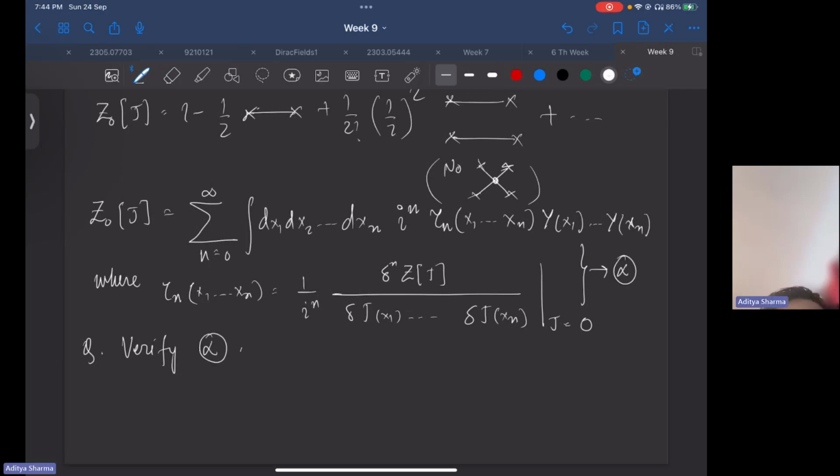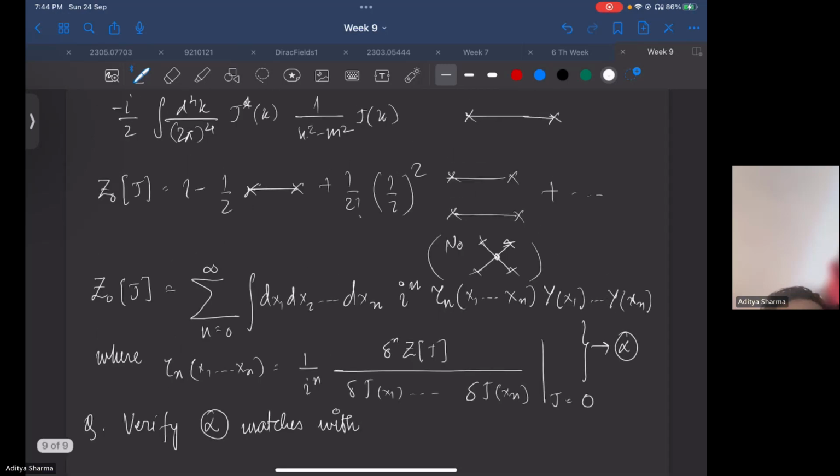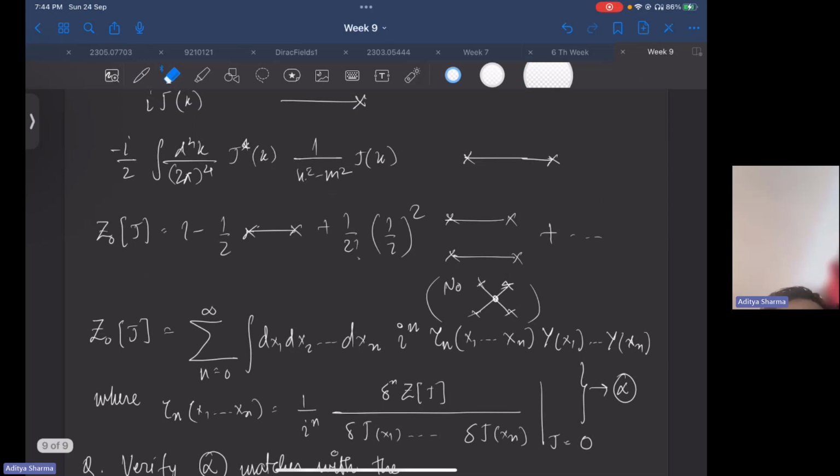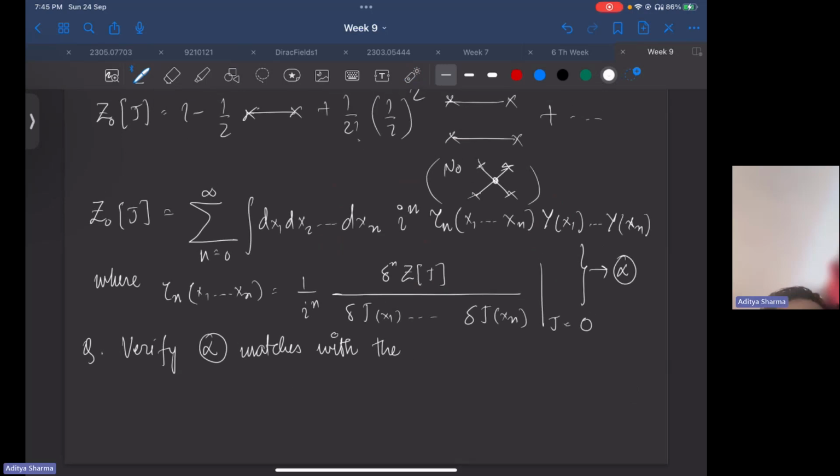Verify alpha matches with the third term, which is this term along with these factors.